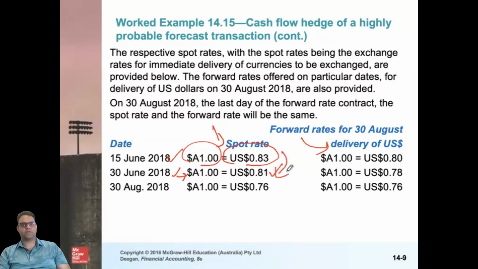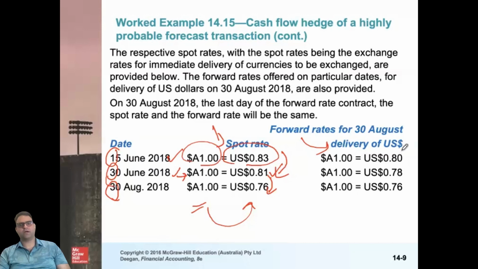So if there is a reduction in the value, it means the Aussie dollar is getting weaker from each date, from 15 June to 30 June. Same trend we have seen furthermore. So now for 1 Aussie dollar, you can just get 0.76 US dollar. So that on 30th of August. So each time we see there is a decrease in the spot rate. Spot rates means the actual rate on that particular date.